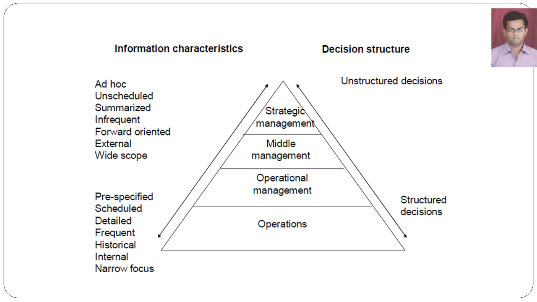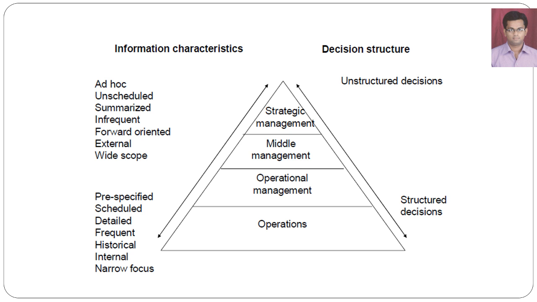The diagram is bifurcated in 2 aspects: information characteristics at the left hand side and the decision structure at the right hand side.